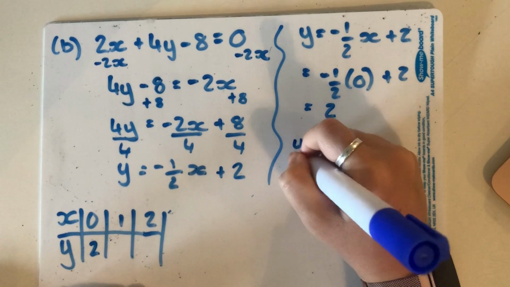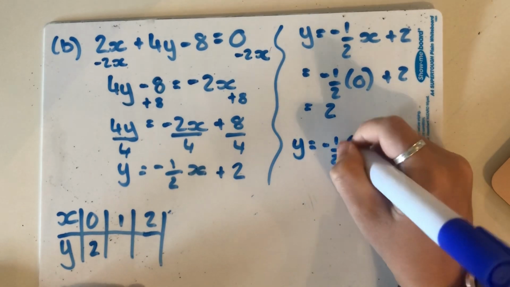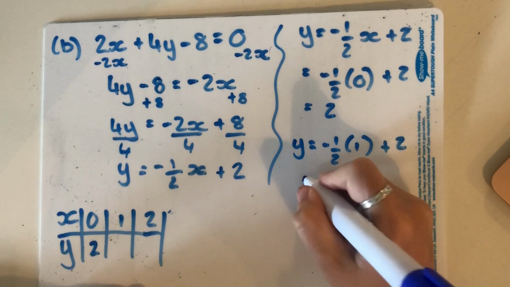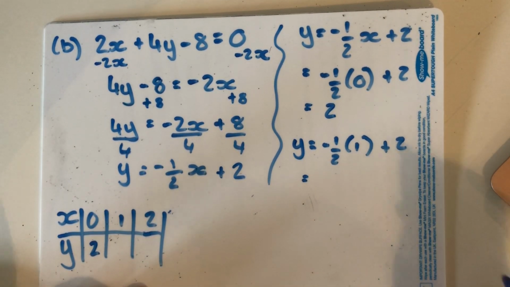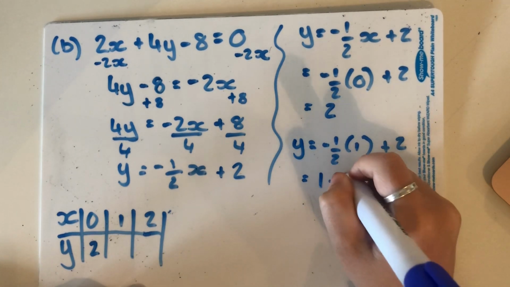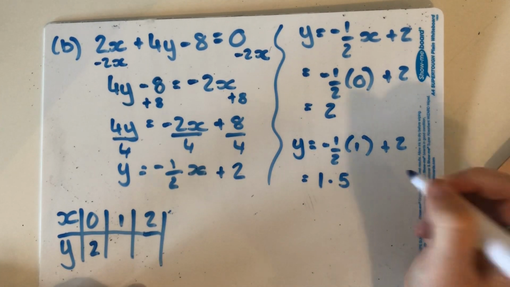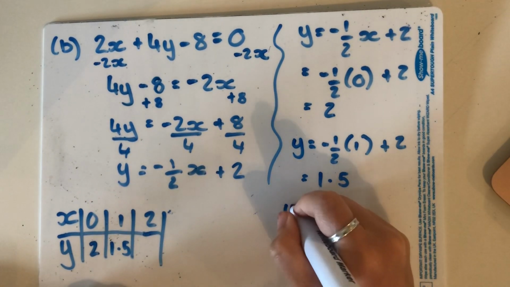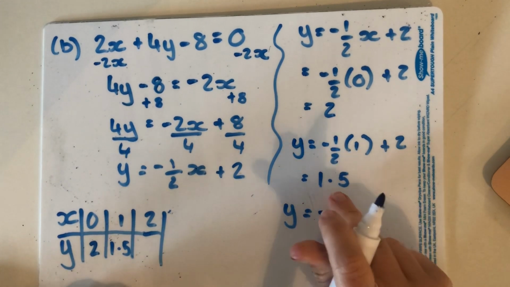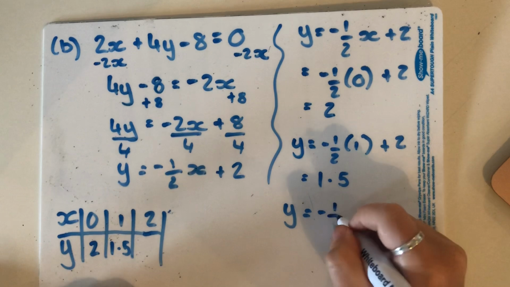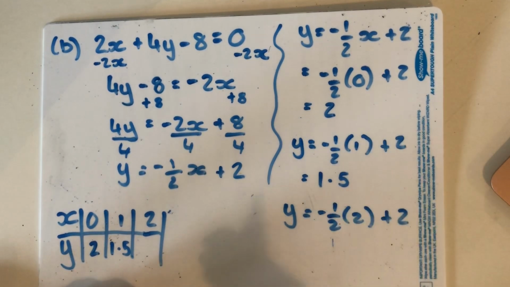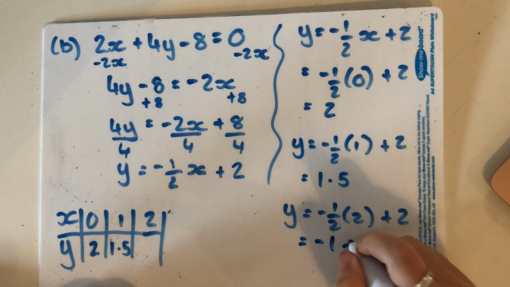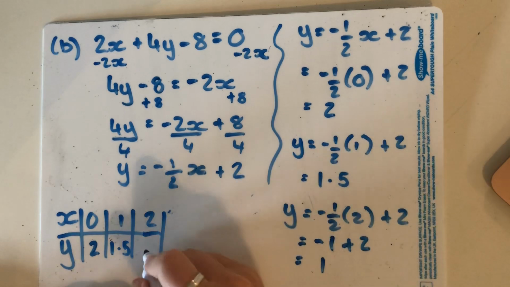Okay, do the same with 1. Okay, negative a half times 1 is negative a half. We're going to add on 2, which is going to give us 1.5. Okay, and then do the same again with 2. So negative a half times 2 plus 2. Okay, negative a half times 2 is going to give you negative 1. Add on the 2 gives you 1.